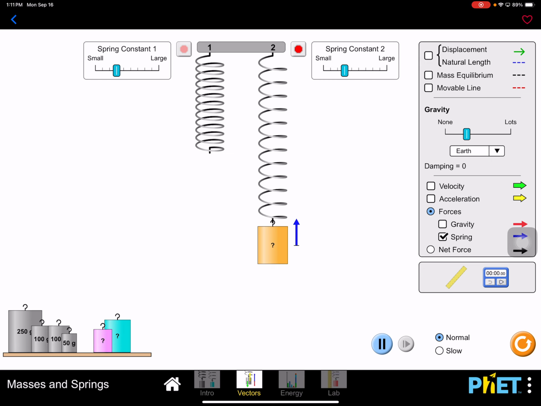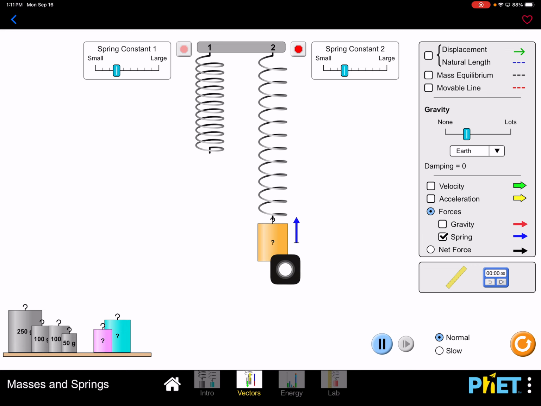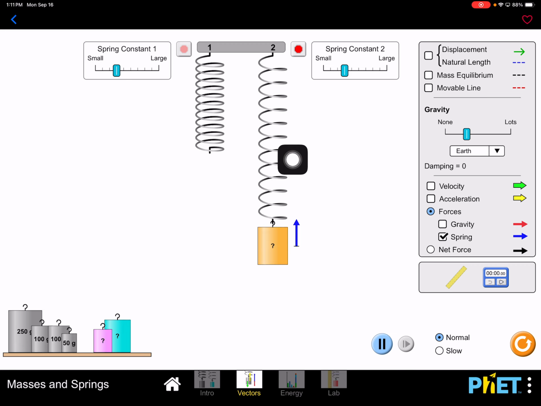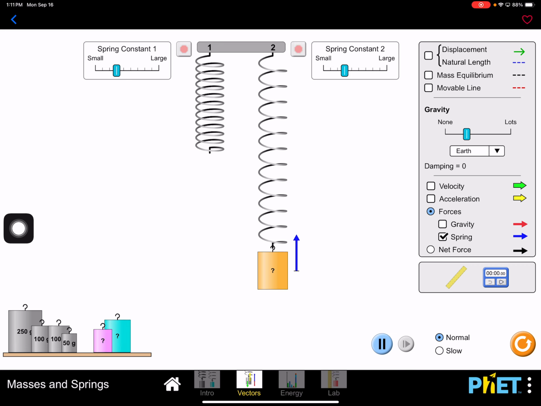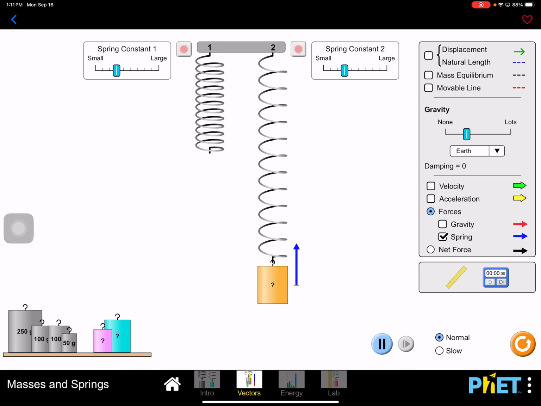Right now, what this is showing you is gravity pulling this mass down, and the spring force is pulling it in that direction. If I pull down on it, you see the spring force increased.